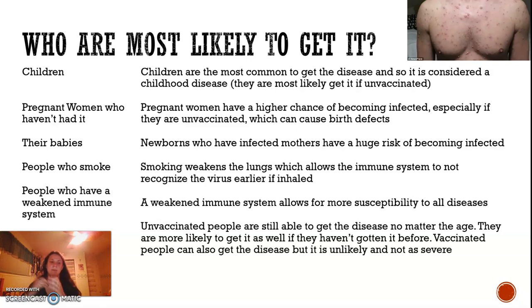And if the woman who's having the baby gets infected by the disease right before they have the baby, it can actually transmit to the baby. So babies are the next ones most likely to get it because they get it from their infected mothers, and this can be very serious for them.